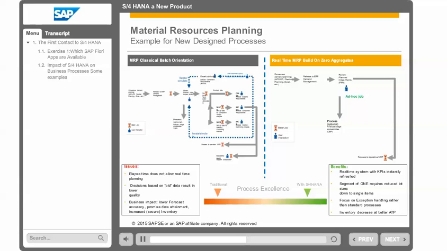But with the speed and processing power of S4HANA, MRP can now be run, first of all, in real time. It's no longer a batch process. Now clearly it's still a complex process, but these near real-time MRP runs mean that you can run the MRP, adjust the parameters, perhaps fine-tune the calculation, then run it again. So we can run the calculation anytime and confidently know that we're reflecting the current situation.